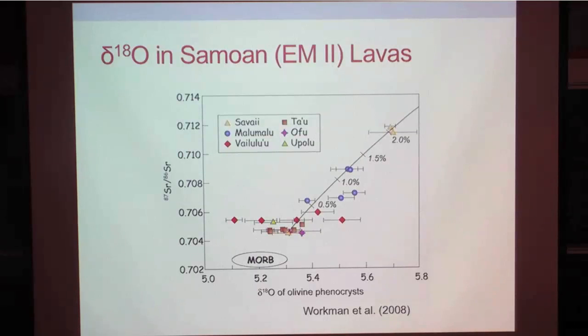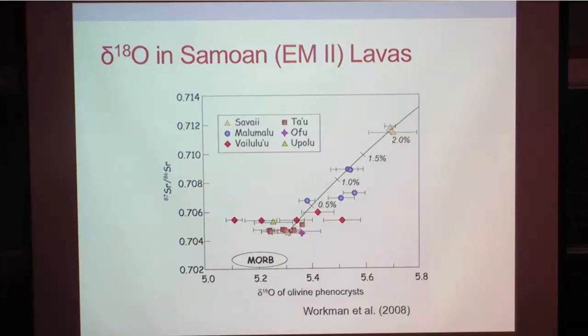So when you get to mantle temperatures, unless you're dealing with fractionation between phases in which the atoms are bonded in very different ways, like metal and silicate, you don't get very big fractionations.